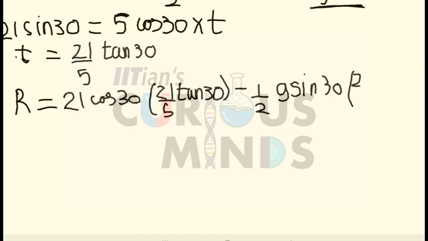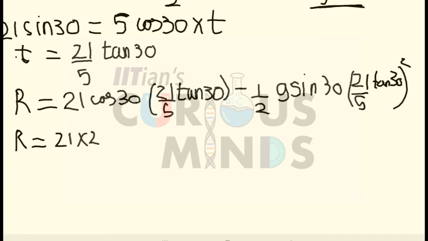So the range will be equal to 21 into 21 by 5. Tan 30 can be written as sin 30 divided by cos 30. Cos 30 will get cancelled out into half, minus half into 10 into sin 30, which is again half, 21 into 21 divided by 5 into 5 into tan 30 whole square.